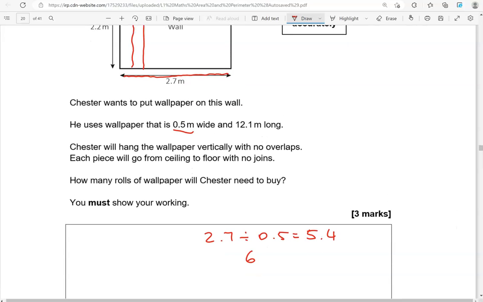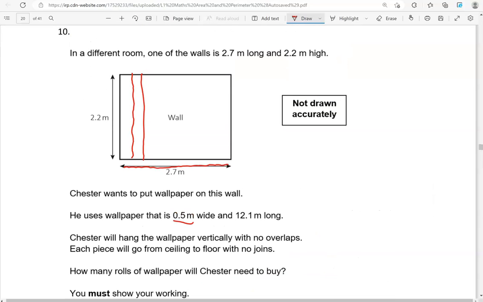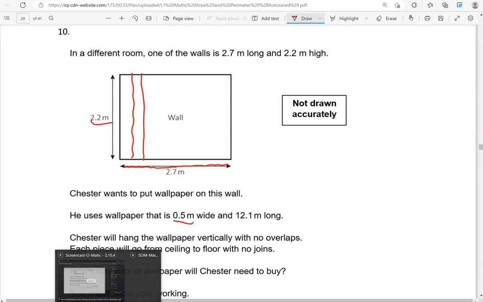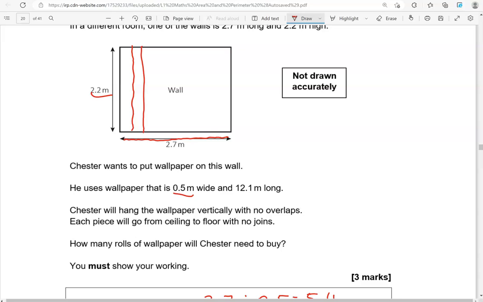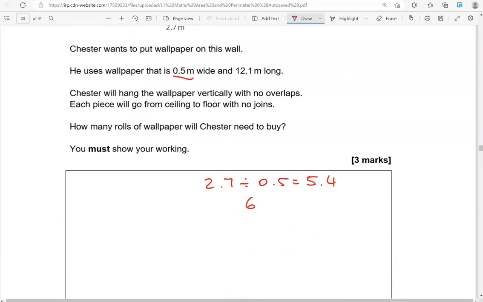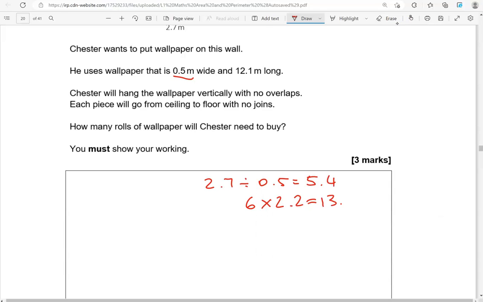We've got that the wall is 2.2 meters high, so we've got 6 strips times 2.2, that is 13.2 meters long.